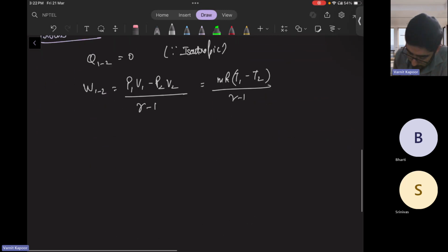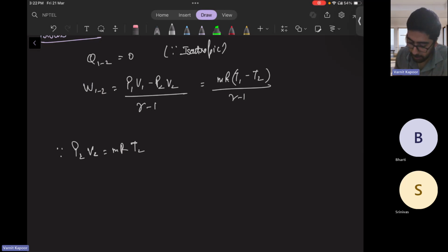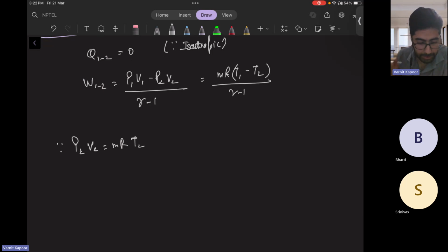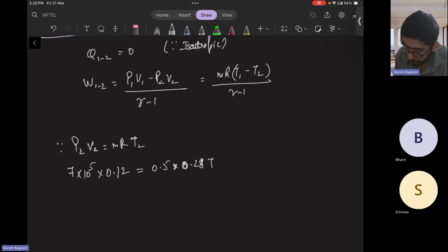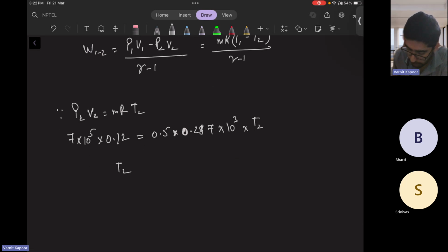For that, we need the values. Since P2 V2 is mRT2 from the ideal gas equation, and the pressure is 7 bar at the beginning of isothermal expansion, 7 bar means 7 into 10 to the power of 5. Volume is also given to be 0.12. Mass is given as 0.5 kg in the question. R for air is 0.287 kilojoule per kg Kelvin, converting to joules. And T2 you don't know. If you solve, T2 comes out to be 585 Kelvin.